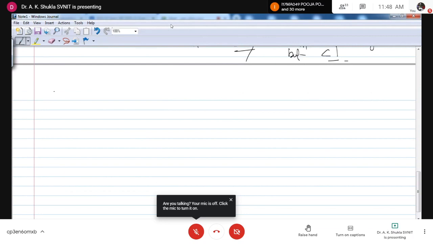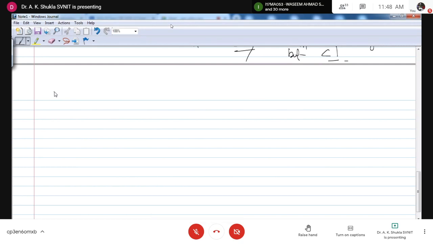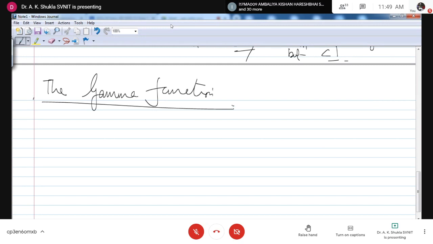Next now, the gamma function. I think till now we studied the gamma function by taking some numerical value, gamma n, gamma 2, or gamma n where n is 1, 2, 3, 4, 5, whatever like this. But here we will define the gamma function in a different manner.